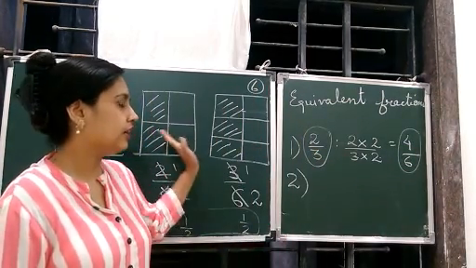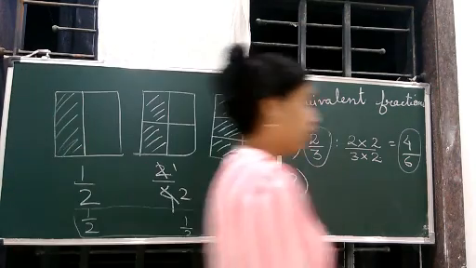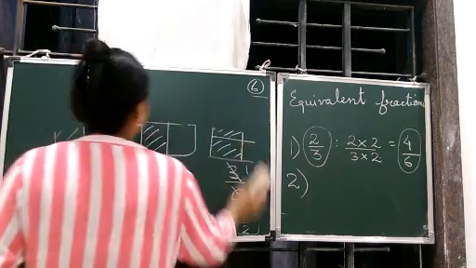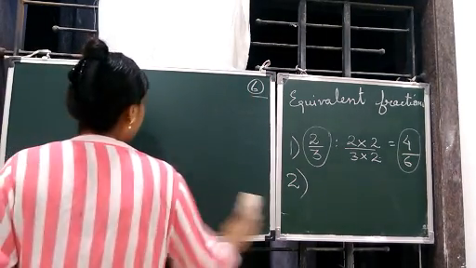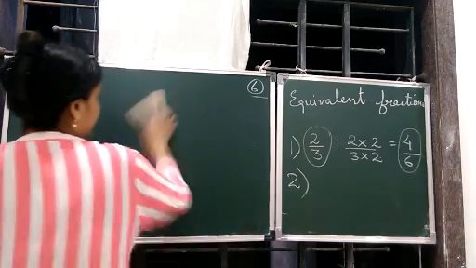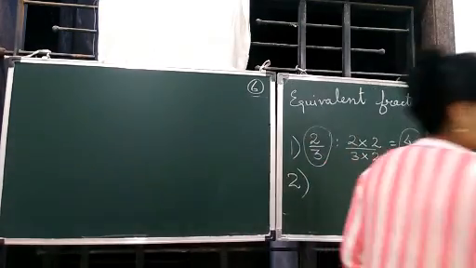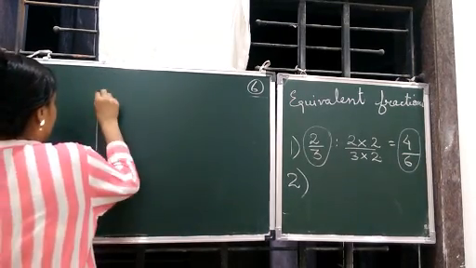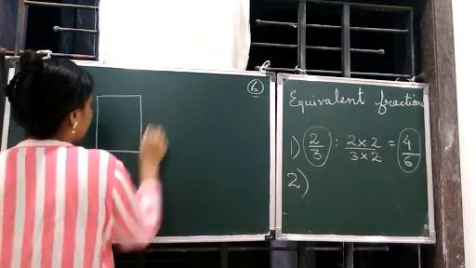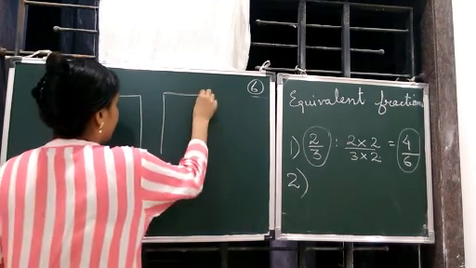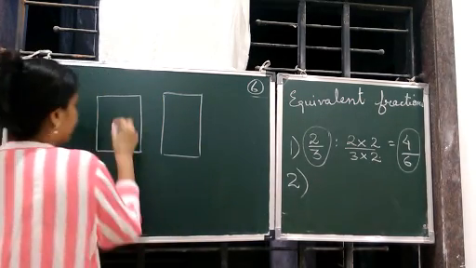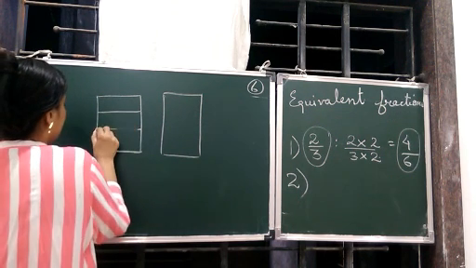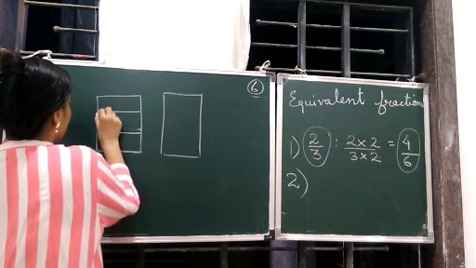Now if you want to see it in the form of a figure, you can do it. I'll show you. If you want to see this equivalency in pictorial form, we can do that also. So it is 2/3 and 4/6. Suppose this is a whole part. Now this has to be divided into three parts, out of which two should be shaded.